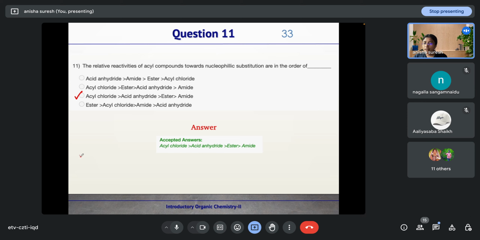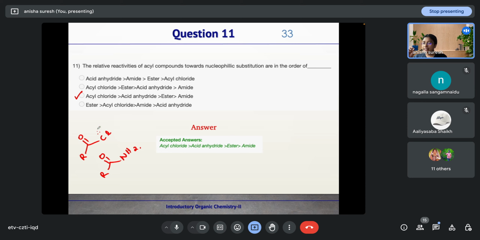As for the reason, when we are writing R double bond O Cl and R double bond O NH2, both chlorine and nitrogen have similar electronegativity. So the electron withdrawing ability will be almost similar.